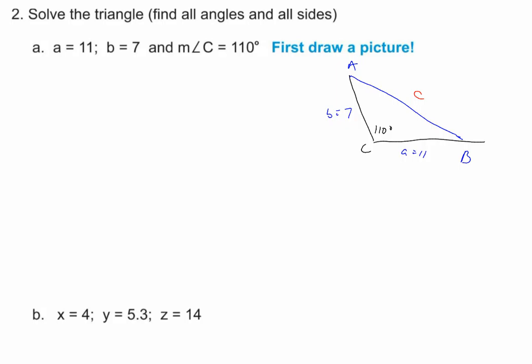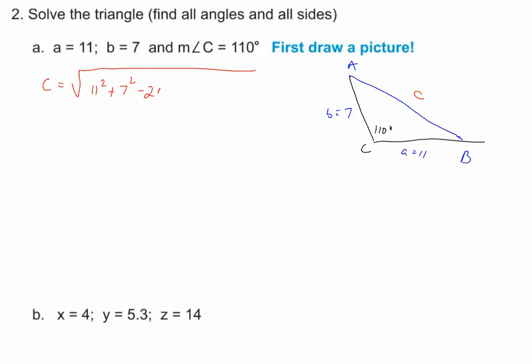So once you get good, you go right to the square root, right? First side, C is the one you're looking for. So the first two squared are going to be the other two, right? So the 11 squared and the 7 squared. You're not going to forget the minus 2.